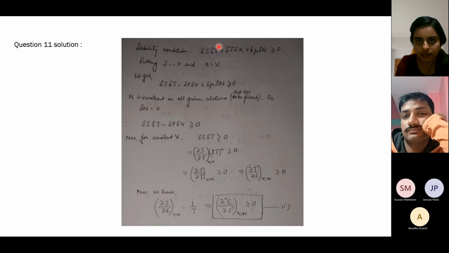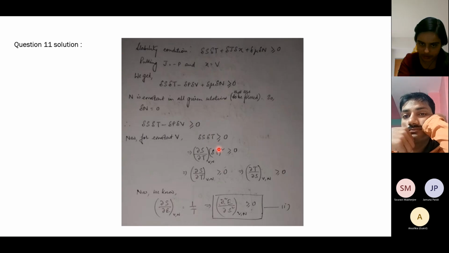So that means if it deals with pressure and temperature, we can replace the generalized force and displacement by minus P and V. And this is what we get. Now here n is constant and then we have constant V. So if you do that, what remains is this. This is the inequality that remains.